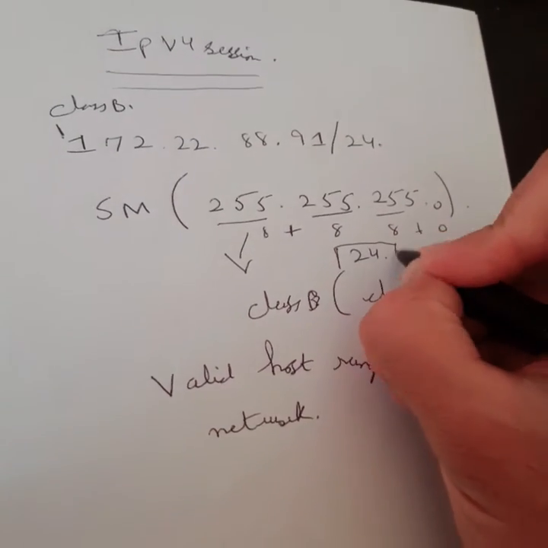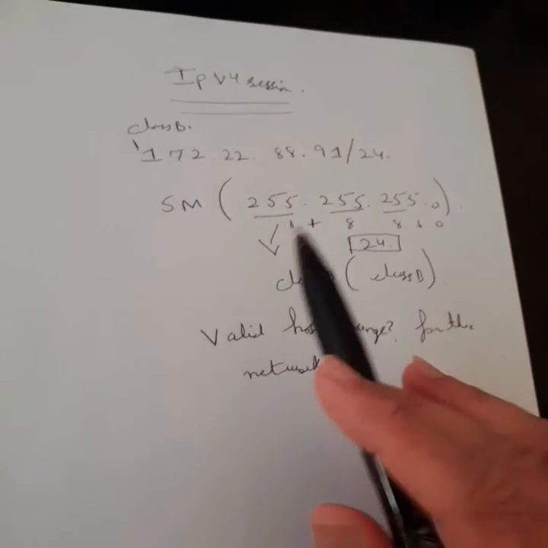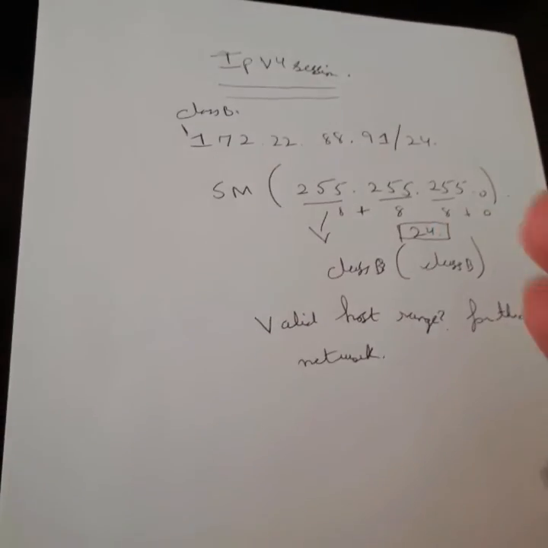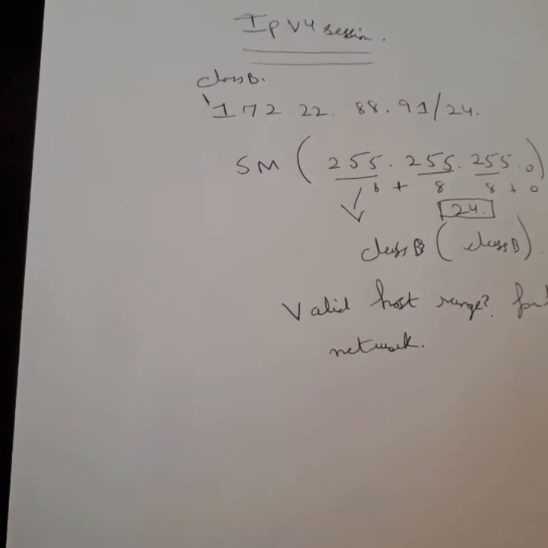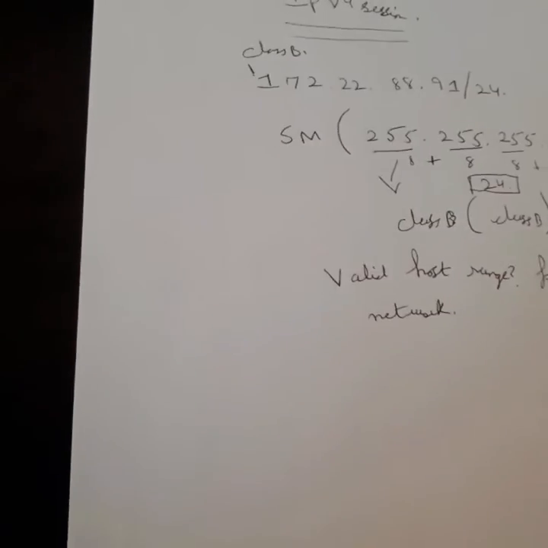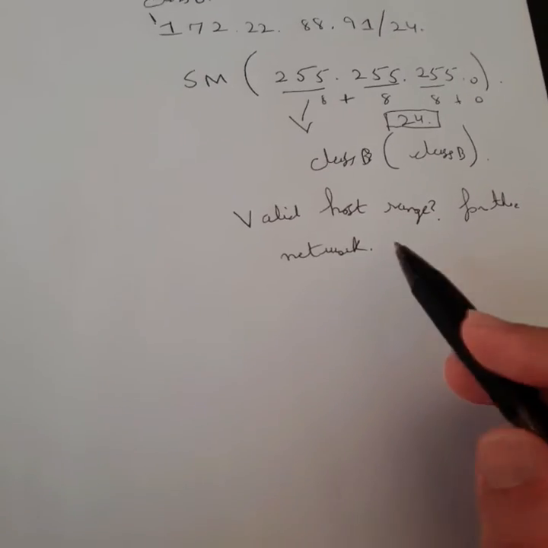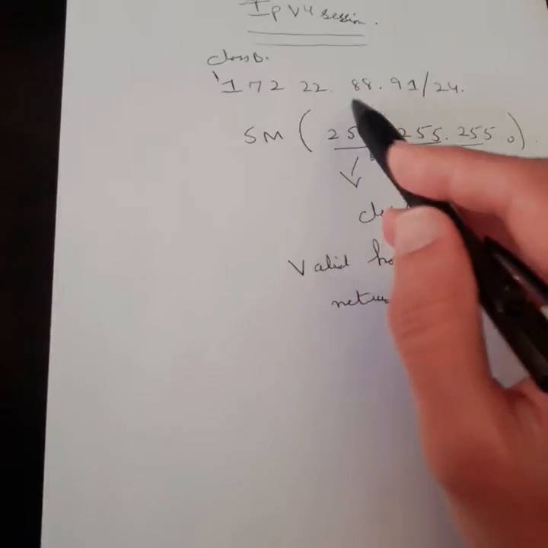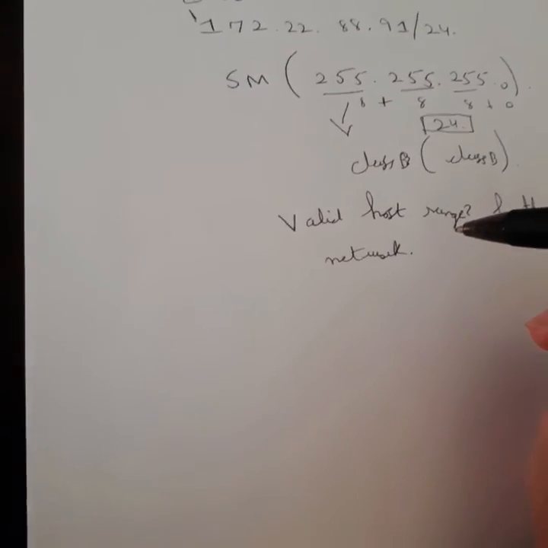If you see my videos, you will know how I break them into octets, how you get bits in them, and that the powers of 2 are really important as well. So we are finding out the valid host range for the network where this IP address resides.